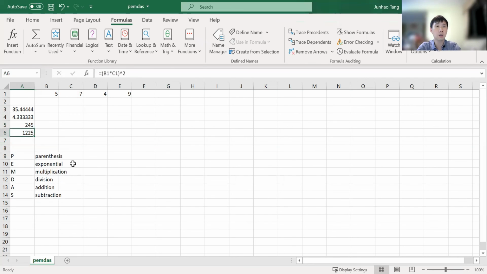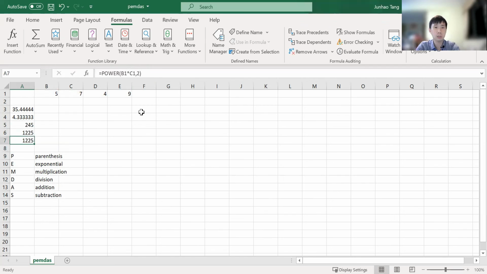As a shortcut for power, you can use this inverted V over here, or you can use the function POWER. You type out POWER, 5 multiplied by 7, comma 2.